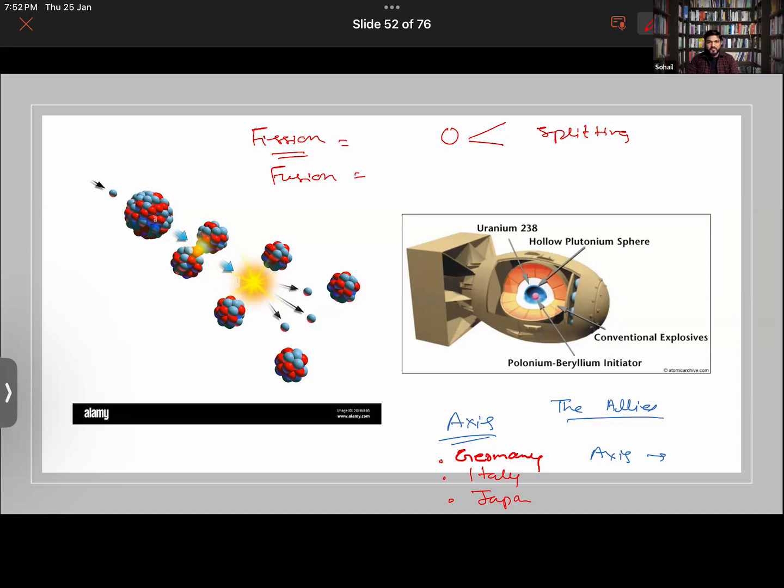Japan also joined. In fact, the maximum damage that any country bore was Japan actually. Bombs were dropped on Hiroshima and Nagasaki. In the Allies you had Britain, USA, France, China, and most important USSR, that is Russia.